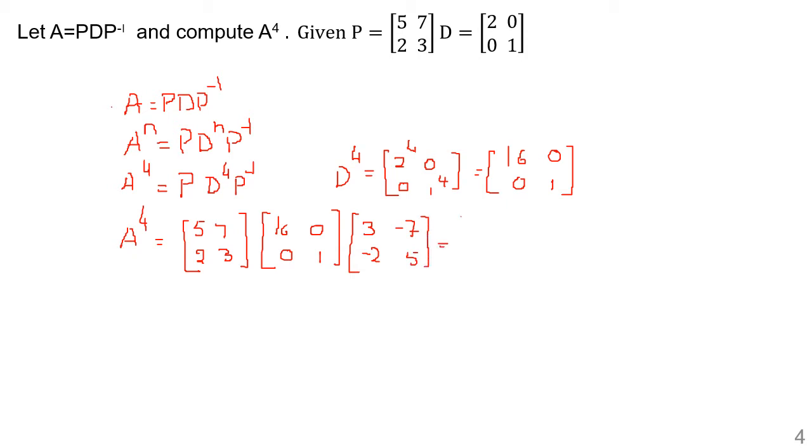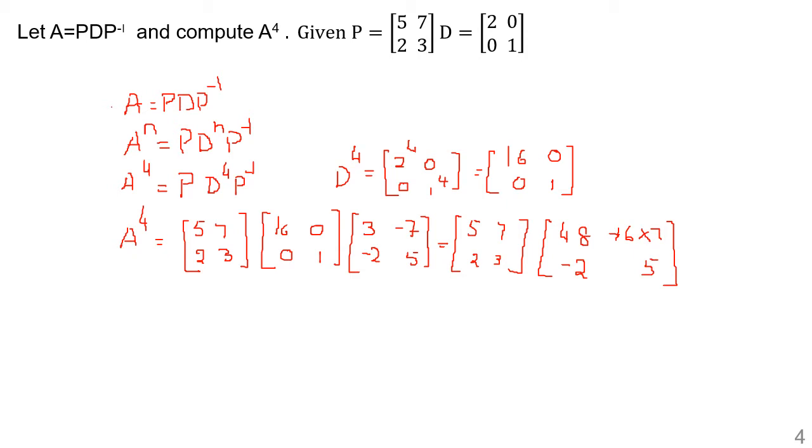When we simplify this further, we get 5, 7, 2, 3 multiplied by 16 into 3 minus 2 into 0, so 16 into 3 gives you 48, minus 7 into 16, 5 into 0, and so on.